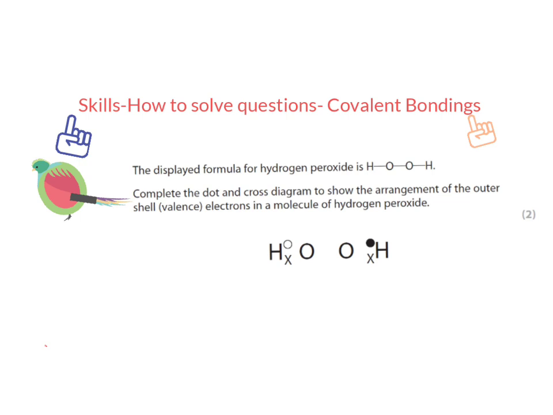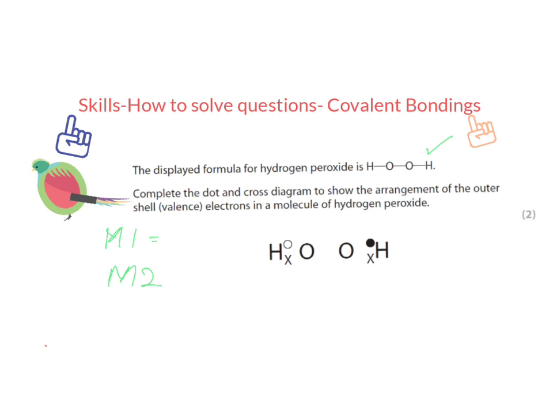Second thing, you can see here the structure of H2O2 is given. Now as I told you in the beginning of this video, we have 2 marks. One is mark 1 and the other one is mark 2. Mark 1 is for the bonded pairs of electrons. The first pair of electrons has been shown for you here.